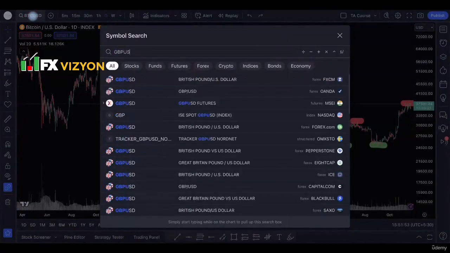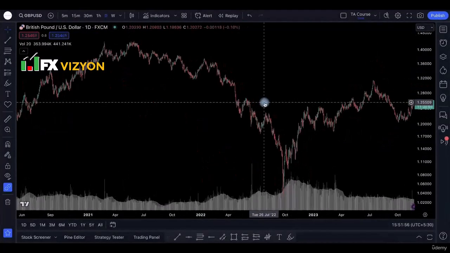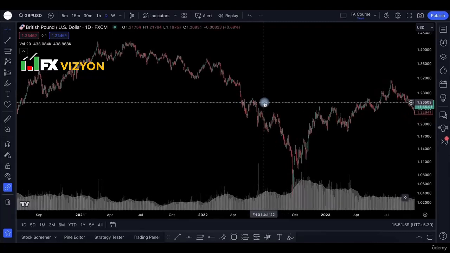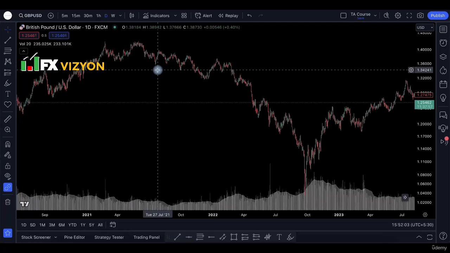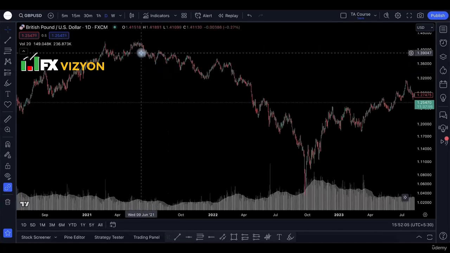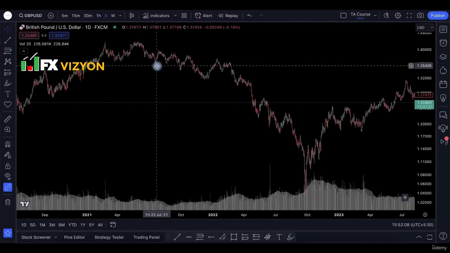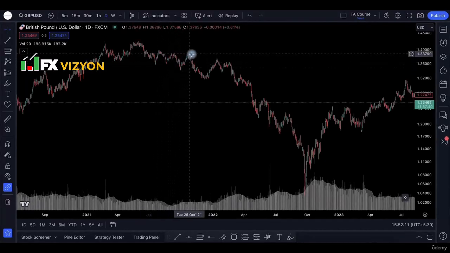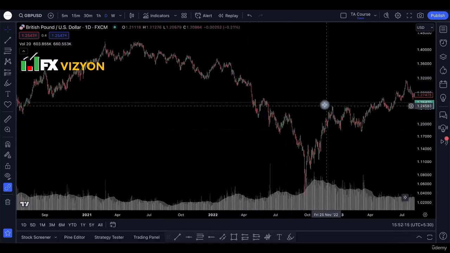Let me open GBP USD Forex. So now that we have seen this pattern in one of the charts in Bitcoin, you should be able to see clearly that this currency pair has also been making lower lows and lower highs consistently. We can see that this is in a downtrend.